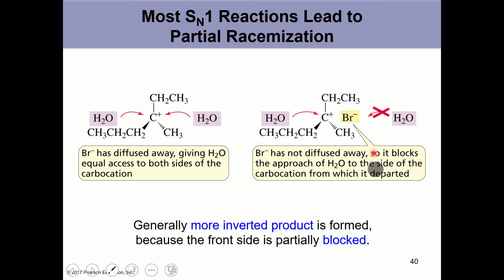So when Br has not diffused away, it blocks the approach of water on the side of the carbocation from which bromine departed. And so in general, there's slightly more inverted product because the side with the halide is partially blocked.